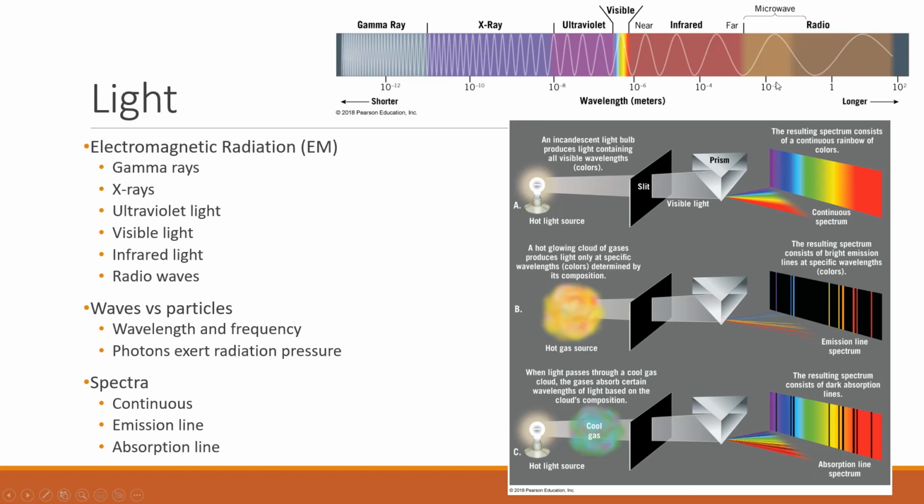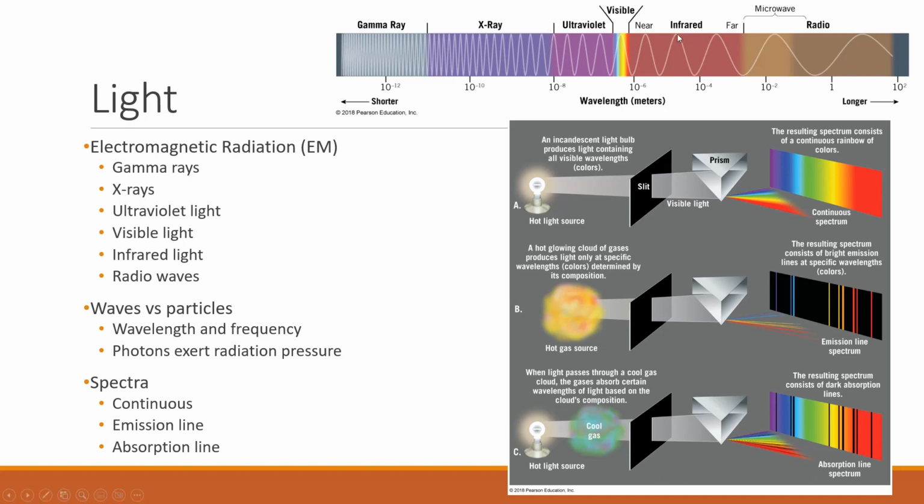The inverse of wavelength would be frequency. I'm sorry, I said that wrong. The inverse of period. We can think about wavelength as the distance between peak to peak. We can also measure that in time, and the time is called the period.